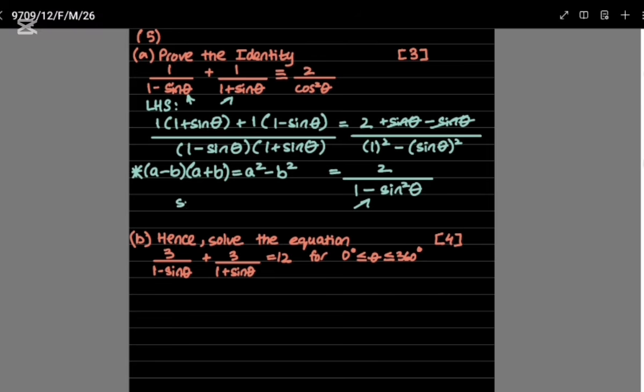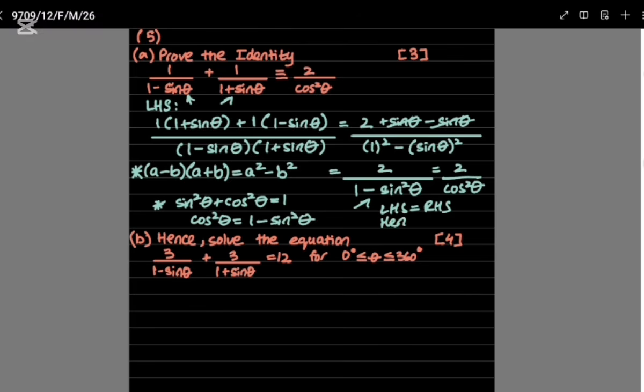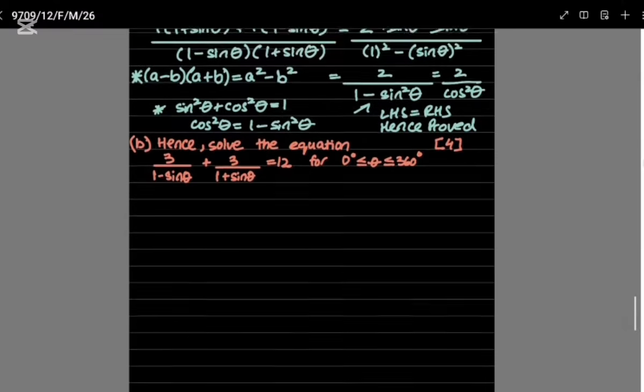We know that sine squared theta plus cos squared theta is equal to 1. So cos squared theta is equal to 1 minus sine squared theta. So it's 2 over cos squared theta. Left hand side is equal to right hand side. Hence proved. Part A is done.